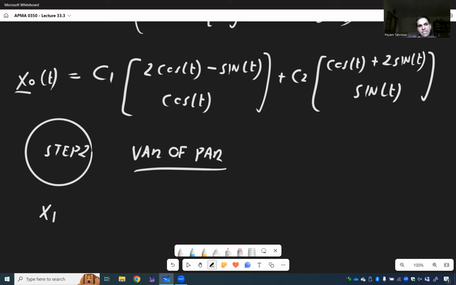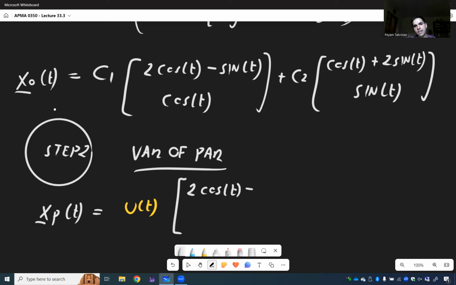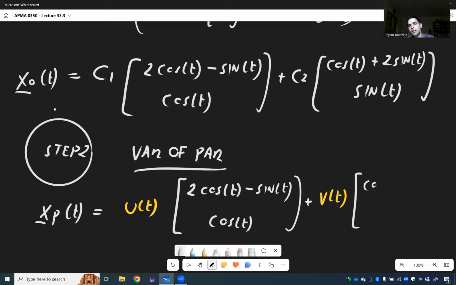And now the idea is xp of t is some function u of t times the first vector, [2 cosine of t minus sine of t, cosine of t], plus the second vector, v of t, again, times [cosine of t plus 2 sine of t, sine of t].